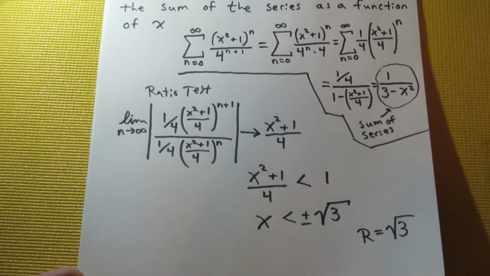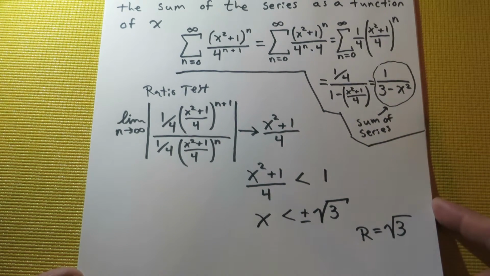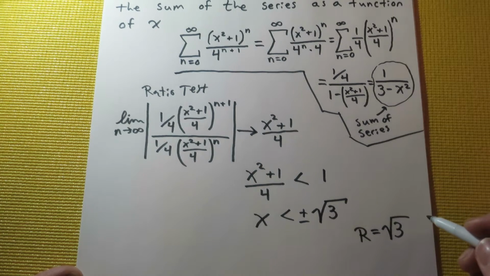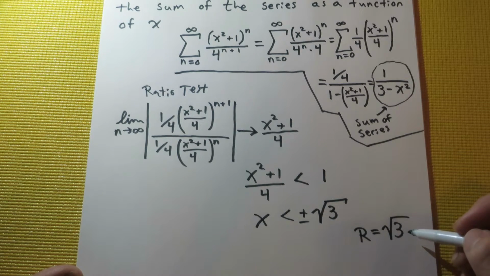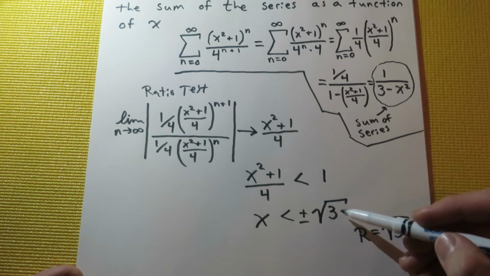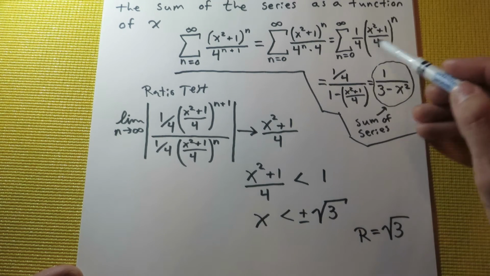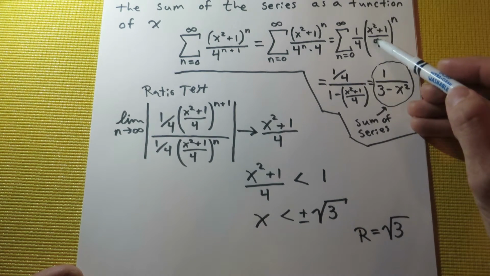Because this is a purely geometric series, there is no need to test the endpoints. If the endpoints are positive or negative root 3, this becomes a divergent series.